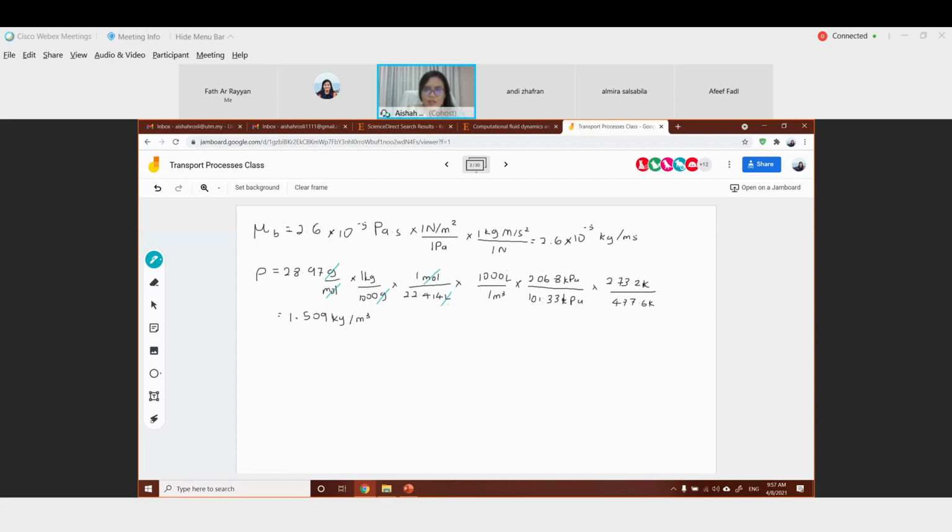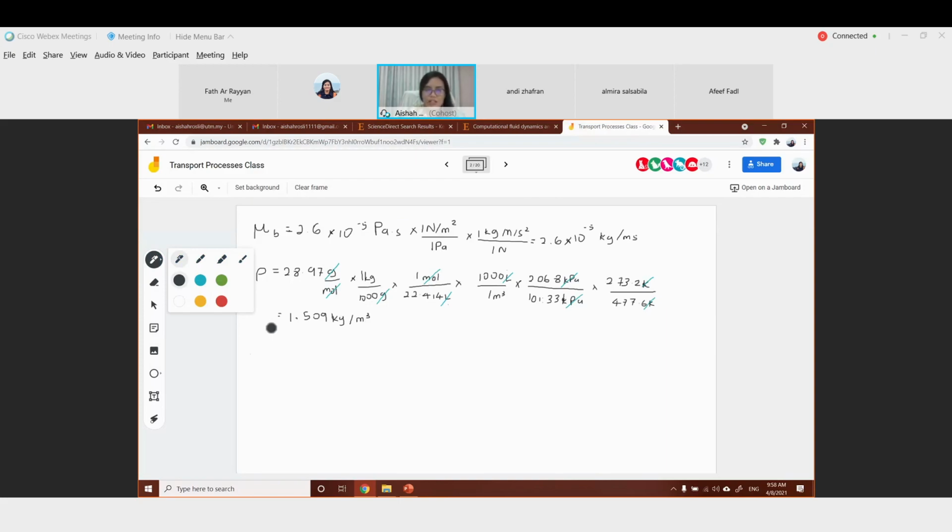I don't know what is with the setting, but never mind. We need to calculate the Reynolds number. For the Reynolds number, if you remember, the formula is D V rho divided by mu. We have mu, the viscosity, and the velocity V, and the diameter D, but we don't have the density. So that's why we are calculating it.